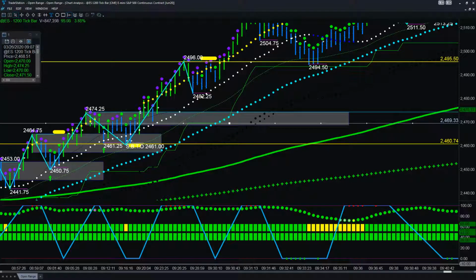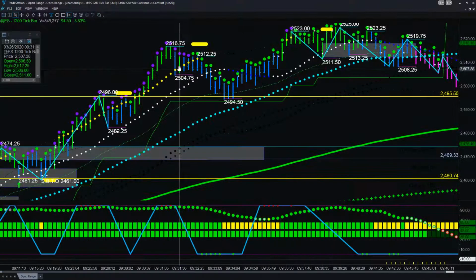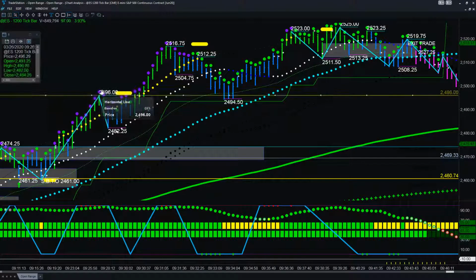So I'm going to identify this zone here because we went from 74s up to 96s. We never pulled back to 74 to test it. We just jumped right over that thing, which can happen. Okay? So now we go to 96.